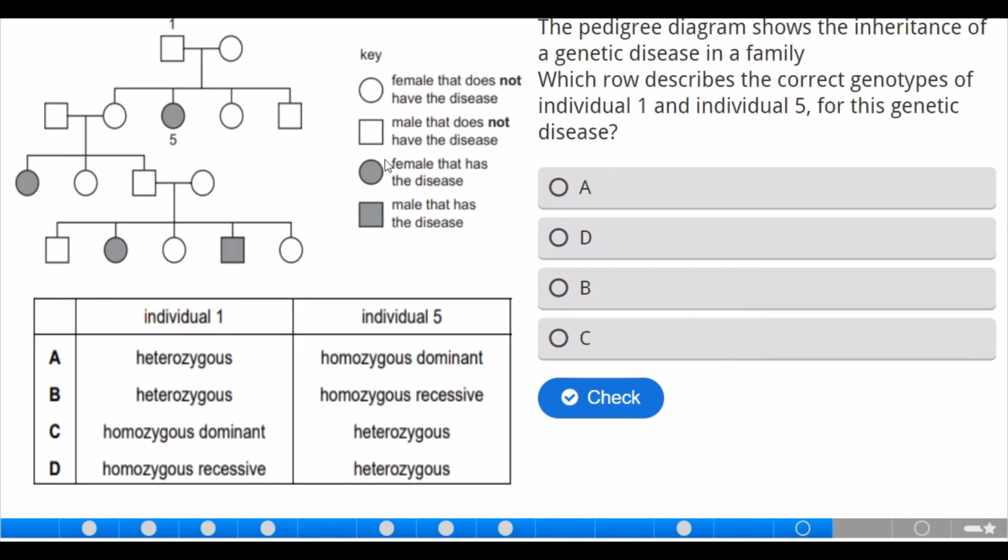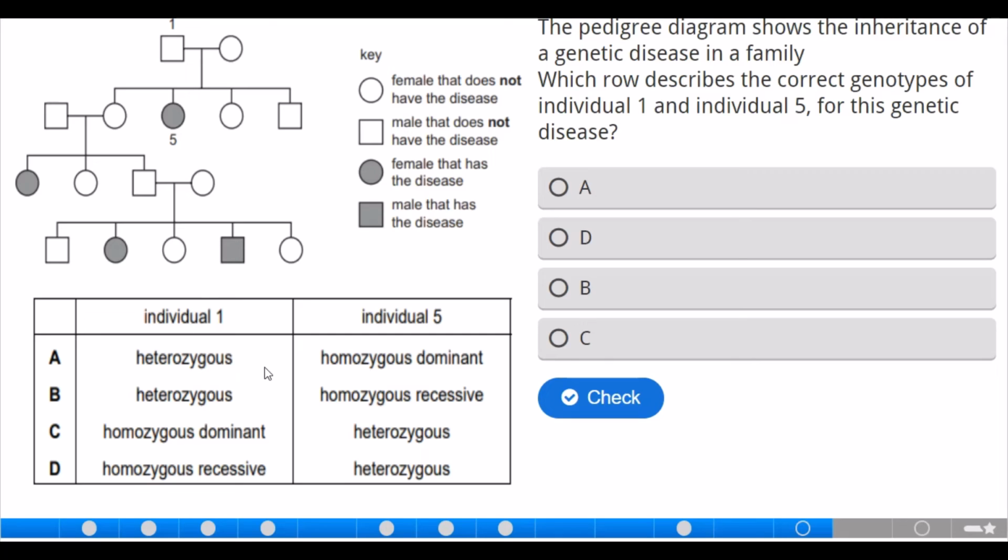We can see that this black color represents a female that has the disease, and this key here shows a male that has the disease, while the white color shows a female that does not have the disease, and the square here shows a male that does not have the disease. So we're to pick out which row describes the correct genotypes for individual 1 and individual 5.